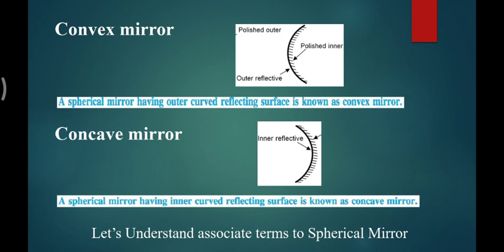It means the back surface is coated, and the outward surface is outwardly curved, so it is named convex. And the concave mirror's reflecting surface is inward curved, and it looks like a cave-like structure, so it is named concave mirror. Let us understand the phenomena associated with the spherical mirror, through which we will get an idea of the further chapter.